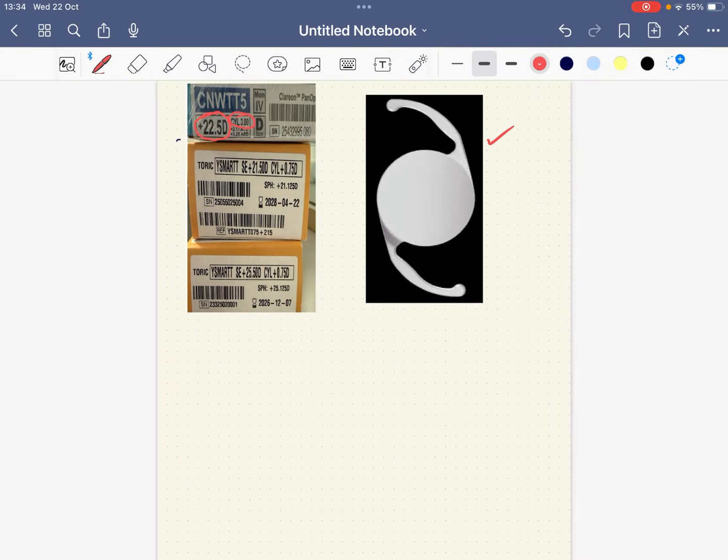Now, to understand this, we need to have a basic understanding of spherical equivalency. So, spherical equivalency, or SE, is equal to the sphere power plus half of the cylinder power, right? Half of the cylinder power. Now, spherical equivalency here is 22.50.